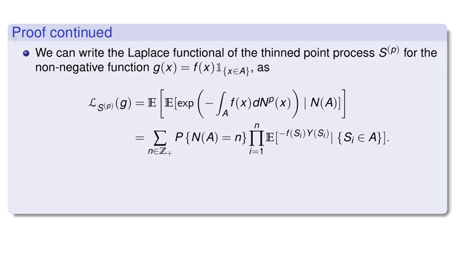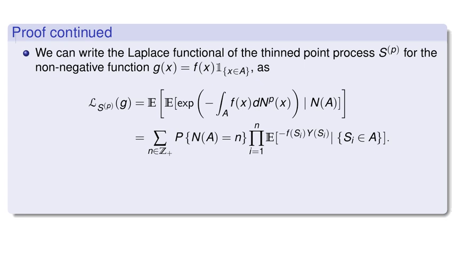Continuing the proof, we can write the Laplace functional of the thinned point process S^p for our non-negative function g(x), which is f(x) on A and 0 elsewhere, as L_{S^p}(g) equals the expectation of e to the power minus the integral over A of f(x) dN^p(x) given N(A).